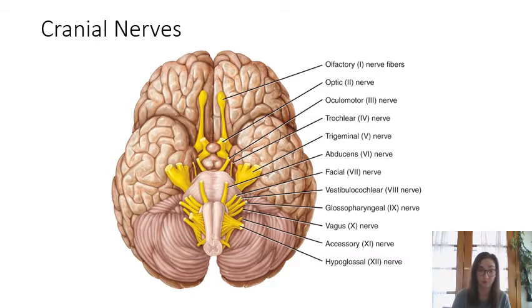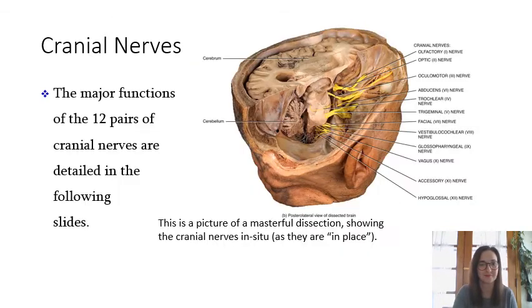Yes, you have to know all of them. You have to know what they do, and you should know the numbers associated with them, so the Roman numerals associated with each one of these nerves. So we're going to go through them one at a time, and hopefully these will start to sink in by the time we're done here today.